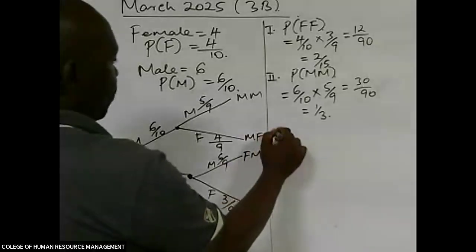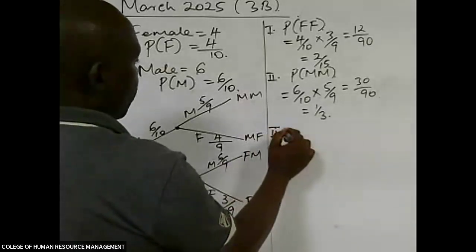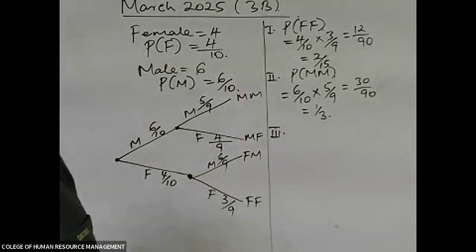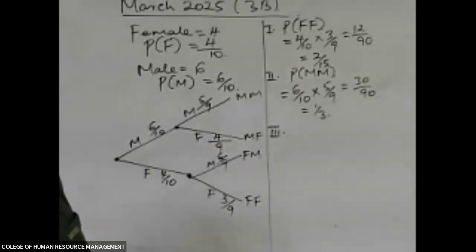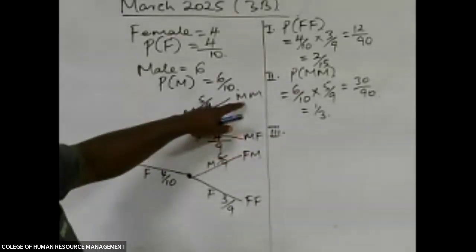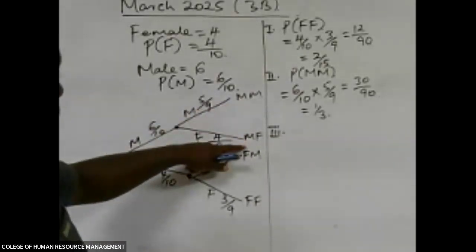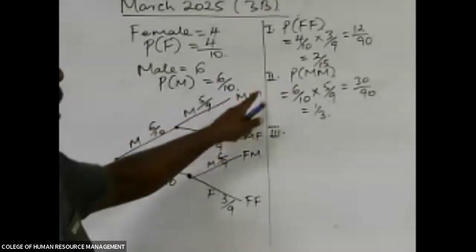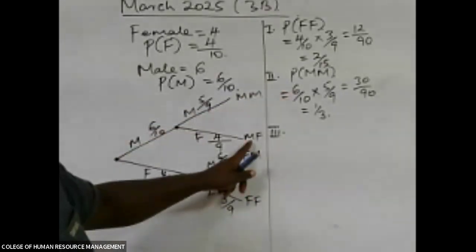Part 3. The first employee selected is a male. The probability that the first employee to be selected will be a male. So you go to your analysis here. You find where the first one is male, where M is coming first. Here we have MM, so that one is one of them. This one is male, female.